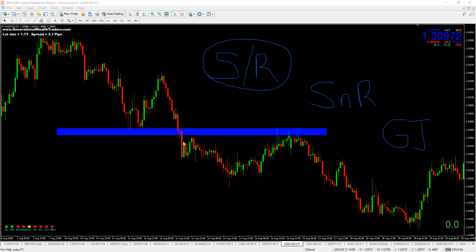So talking about this zone we've just drawn, we could say this is a support and resistance zone. It just depends on where the price is. If the price is above the zone, then this area is acting as support. If price is here, then it is acting as resistance. So if somebody just uses the word support, you basically know what they mean.